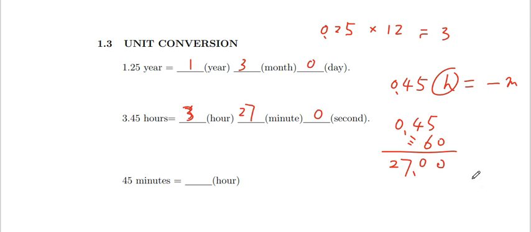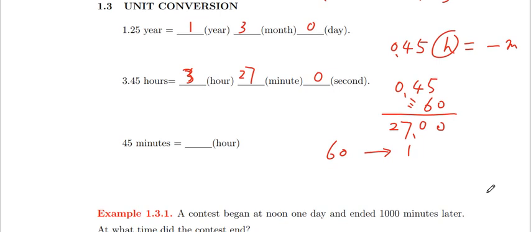So 45 minutes equals how much hour? We know 1 hour is 60 minutes. So 45 equals how much of 60? We just divide by 60. So we need to change it to decimal. Let's say 45 over 60.